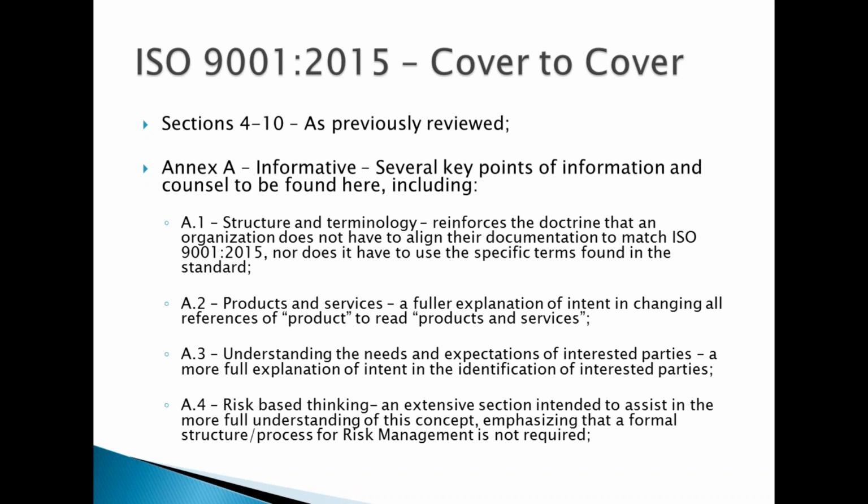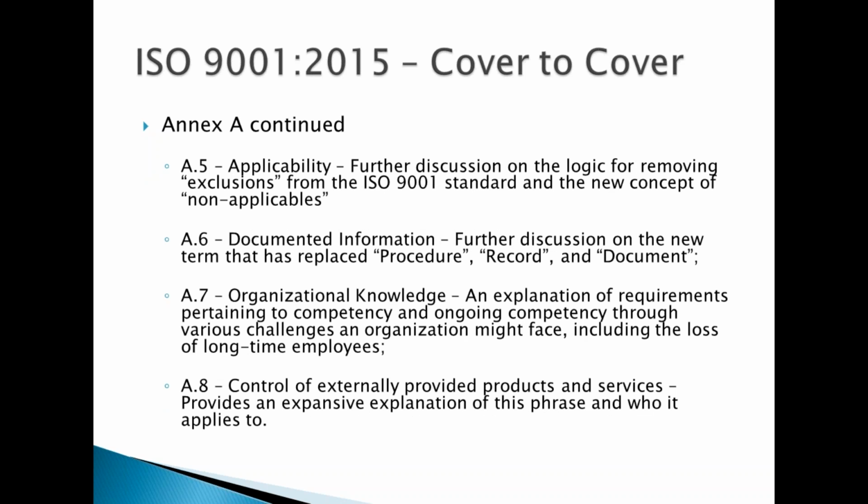This is a rather extensive section, and it is where it is made official that an organization does not have to have a formal process for risk management. In A5, we have something called applicability. It's a further discussion on the logic for removing exclusions and the whole new idea of non-applicable clauses.